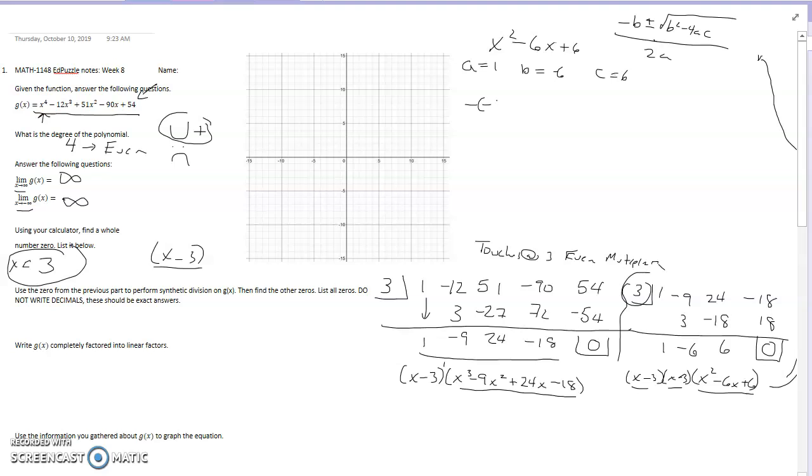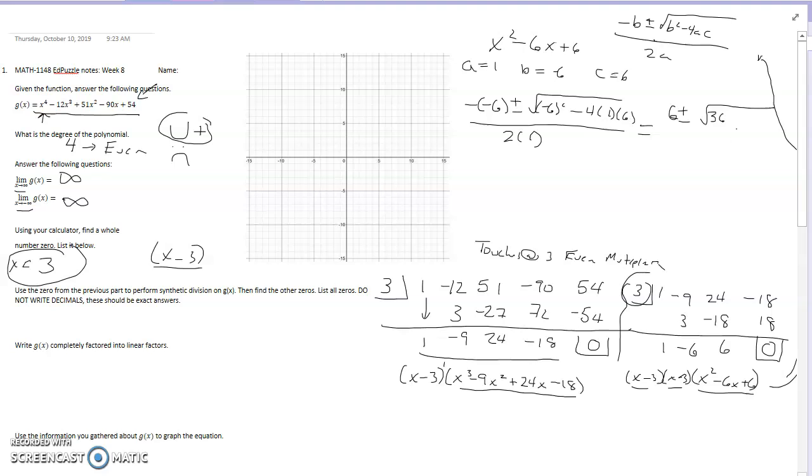So it's negative negative 6 plus or minus square root of negative 6 squared minus 4 times 1 times 6 all over 2 times 1. Let's simplify this. Don't try to work this out in one step. Take this and break it down. Negative negative 6 is positive 6, plus or minus square root of negative 6 squared is 36, and then negative 4 times 1 is negative 4.